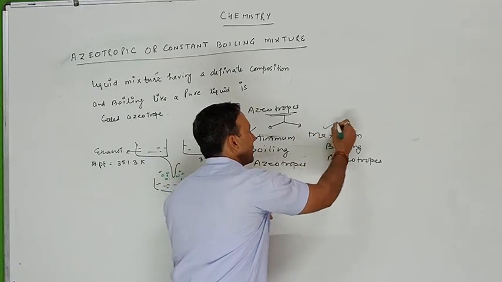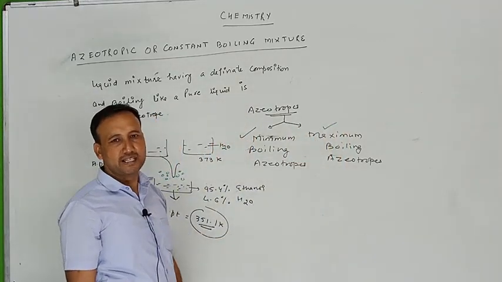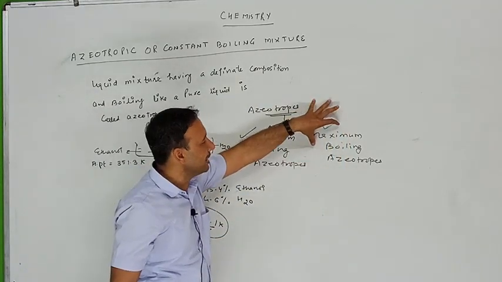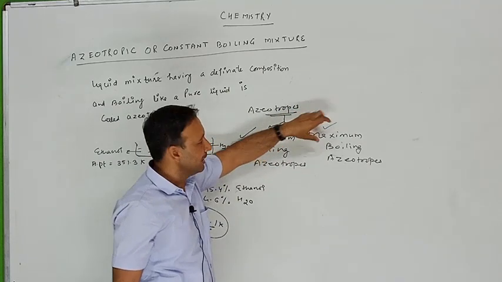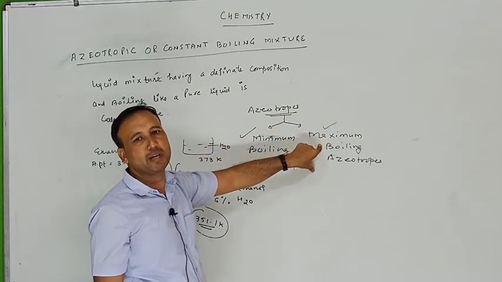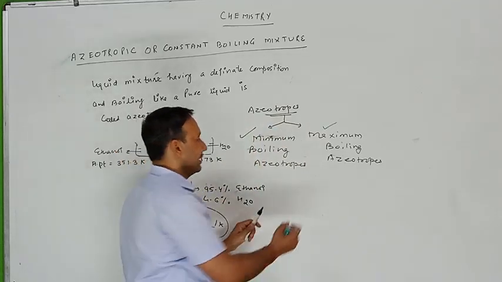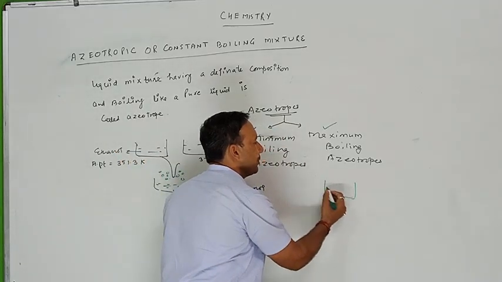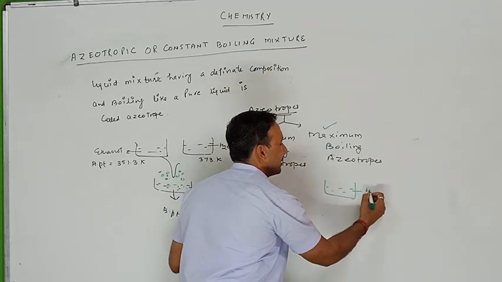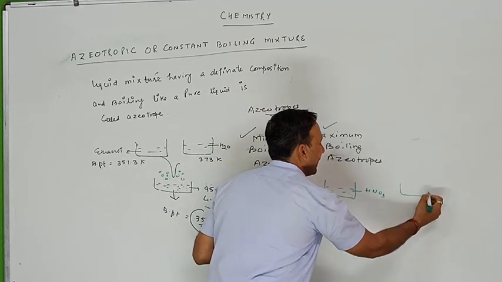The second type of azeotropes are maximum boiling azeotropes. Maximum boiling azeotropes means a liquid mixture having a maximum boiling point as compared to either of these two pure components. Suppose we have two pure liquids, nitric acid and water.